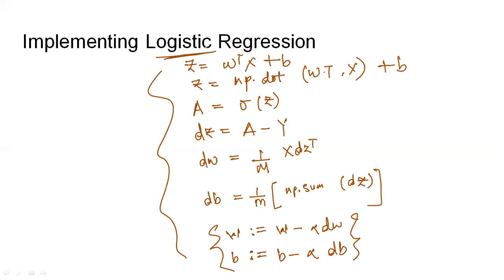You need to iterate all these procedures say 1000 times. So if this type of problem is encountered, then definitely you need to use a for loop, because there is no option other than using a for loop in this type of problem.